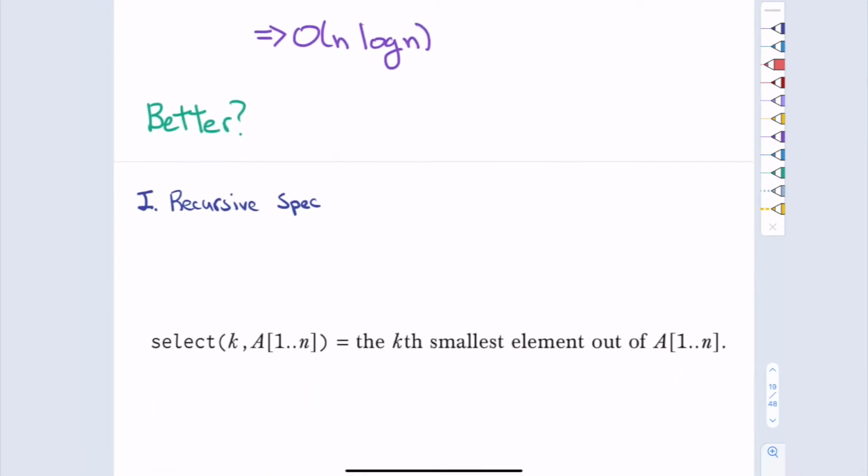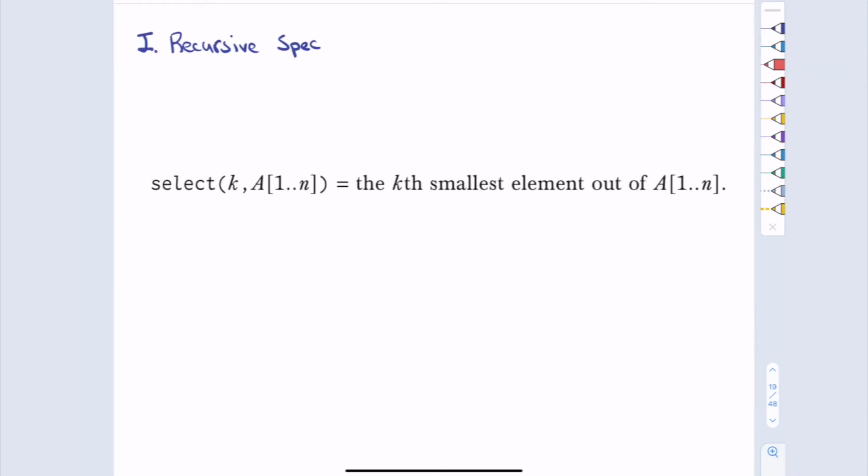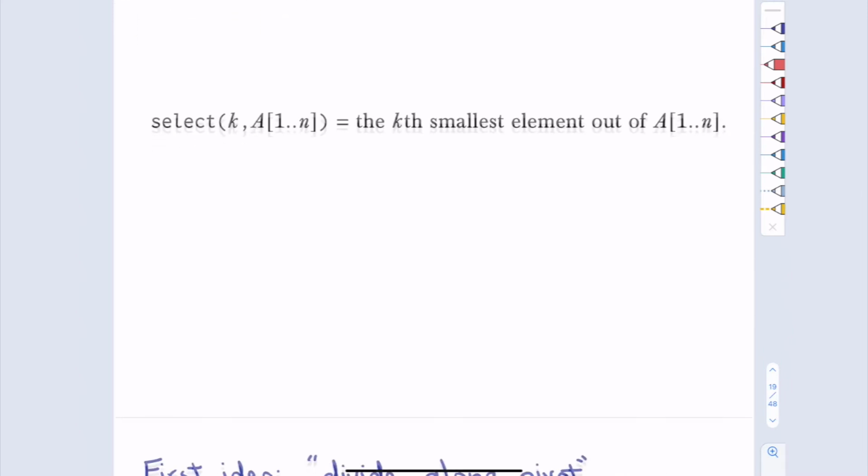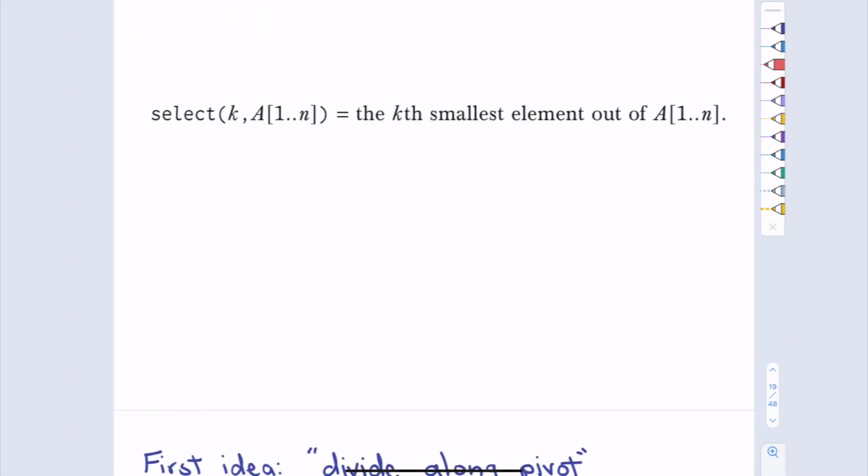Okay, so we're going to make a recursive algorithm. Again, just developing habits. All I've done is define what I want my function to do. So I'm calling it select. It takes as input k and an array, and returns the kth smallest element in the array. All right, so I'm going to do a couple thought experiments to gradually unroll the idea of the algorithm.